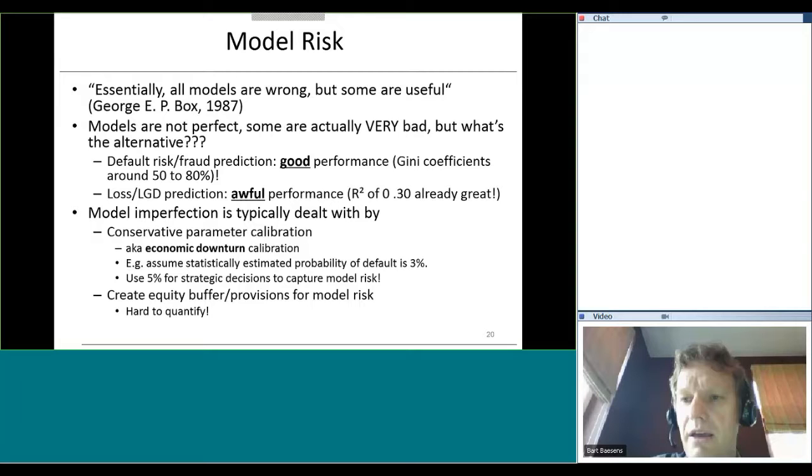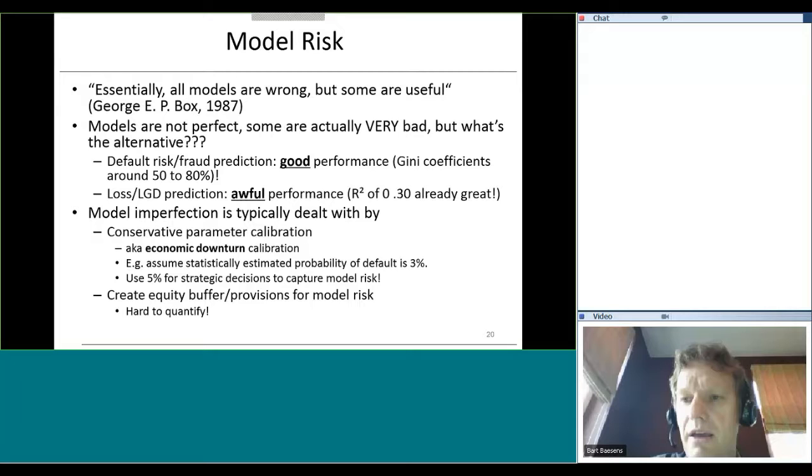And when I say awful performance, I'm talking of R squareds around 0.20. If you have an R squared of 0.30, that's already very exceptional. Remember, an R squared is a performance measure in regression which tells you how much of the variability in the target, LGD in this case, can be explained by your model.